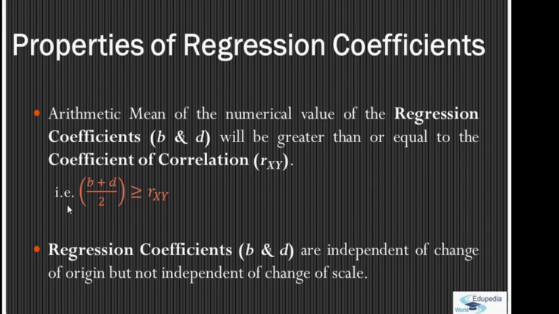And the final one says that the regression coefficients b and d are independent of change of origin but not independent of change of scale. Well, we have seen this independence of change of origin and scale for all the previous values also. So here again, this will help us in deriving the shortcut formula as we have been doing previously.